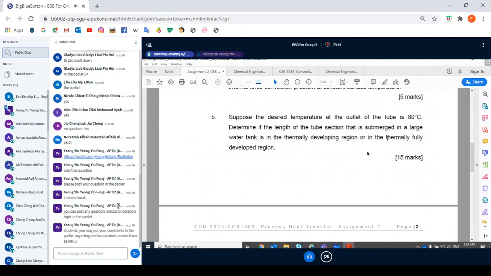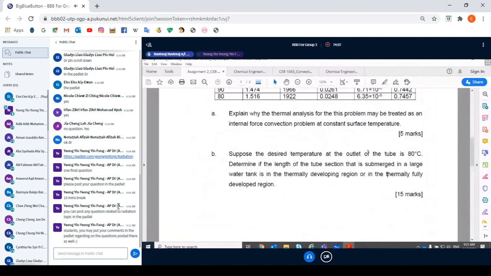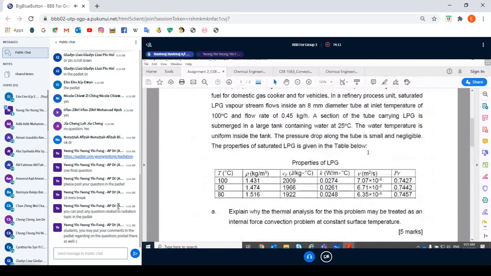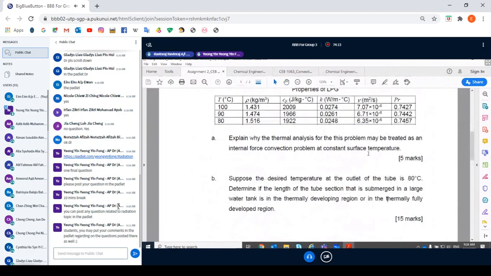Based on what I did, I'm not very sure that the length will be in the thermally developing region, because at first we assume it is the thermally fully developed region. Then we find the length. Then we compare with the thermally developing region's maximum length. Then the assumption is wrong. Then when we want to calculate back the length of the developing region, I use back the length I assumed when it is the thermally developed region.